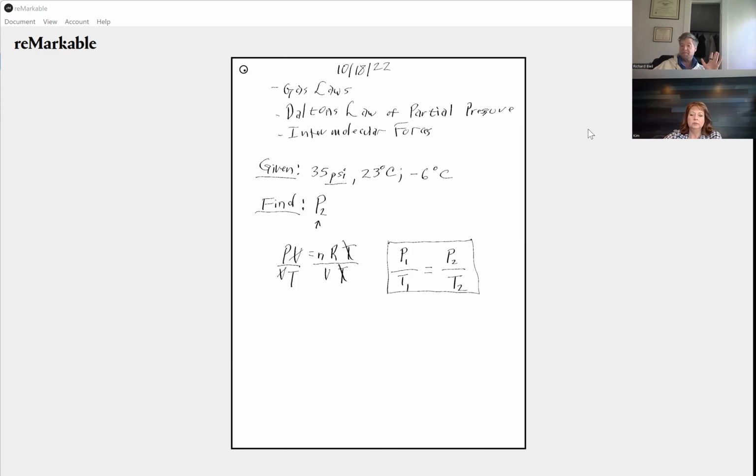It doesn't have to be atmospheres. Which is a good thing because frankly, off the top of my head, I don't know if I remember the conversion factor from PSI to atmospheres. I'd have to look it up. Not that it's not available.